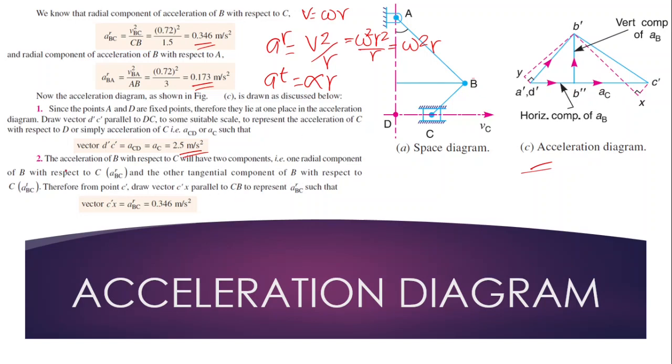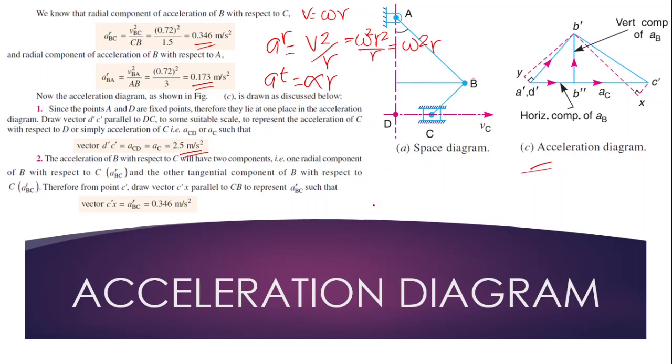Then in the second case, the acceleration of B with respect to C has two components, tangential component and radial component. Radial component we have already discussed. Radial component of acceleration of B with respect to C, that's equal to V square by R, that's equal to VBC square divided by CB, that's equal to 0.346 meter per second square. That radial component must be parallel to link BC.